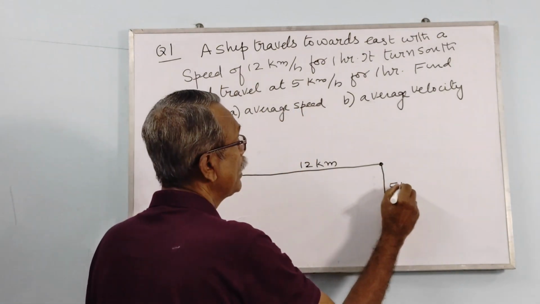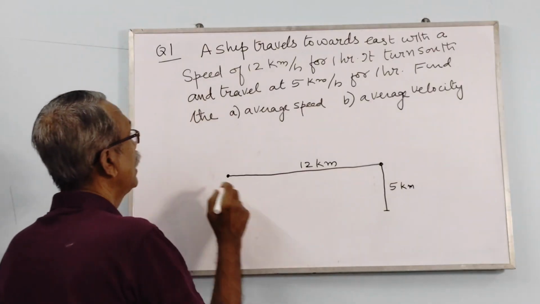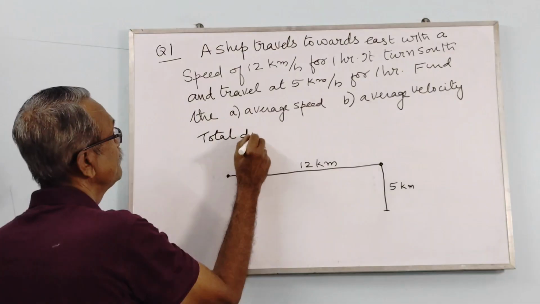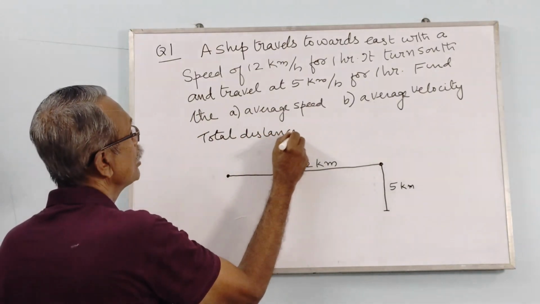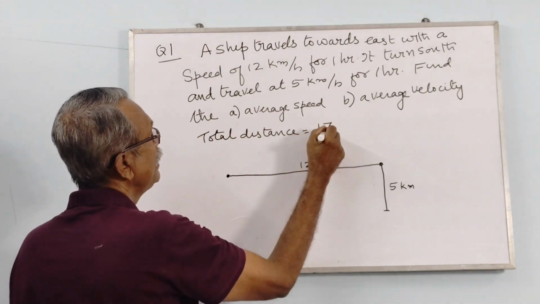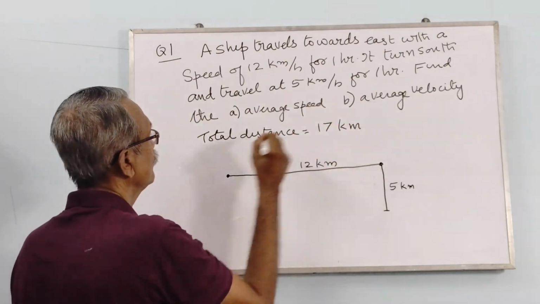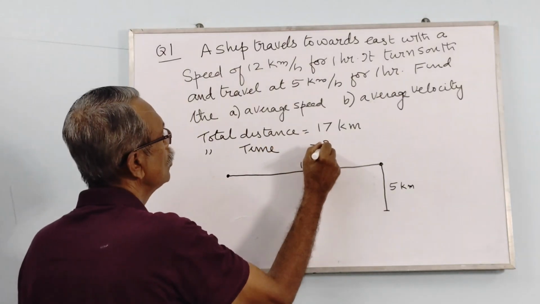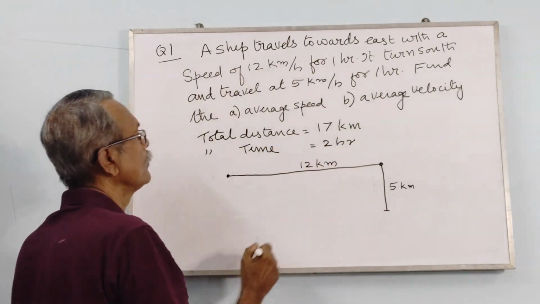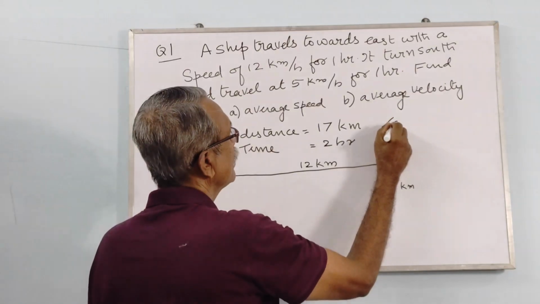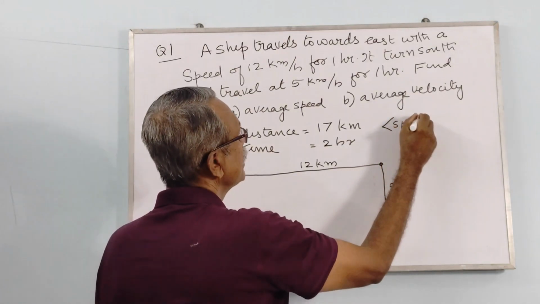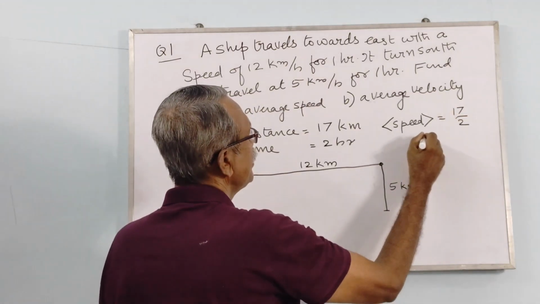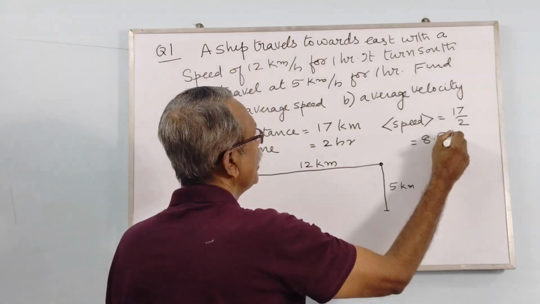So, this distance is 5 km. And therefore, total distance equal to 17 kilometer. Total time equal to 2 hours, and therefore average speed, distance divided by time, 17 divided by 2, that is 8.5 kilometer per hour.